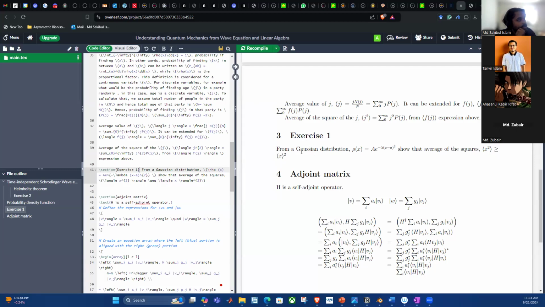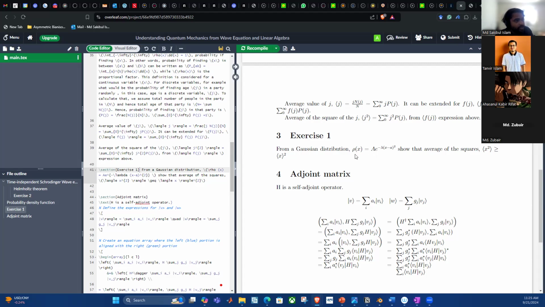Exercise 1. From a Gaussian distribution, that is a mathematical expression. Don't worry about it. But it says show that the average of squares is greater than the average squared. So this is the Gaussian distribution. Try to solve this problem, but I can give you a hint. One hint is that you may need to calculate a.